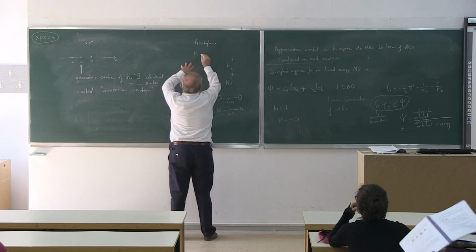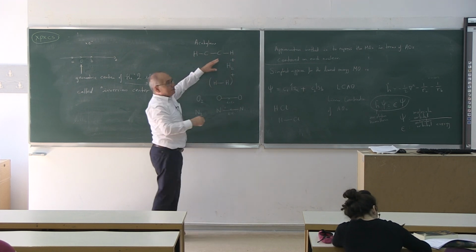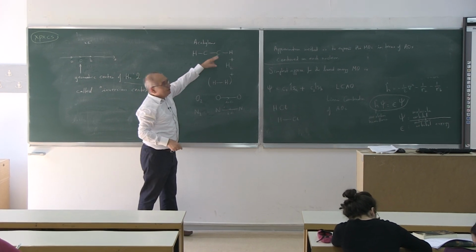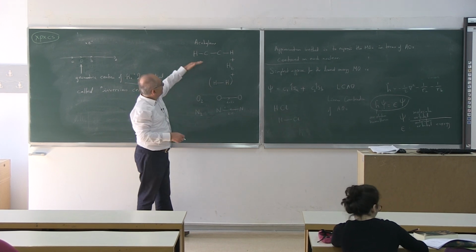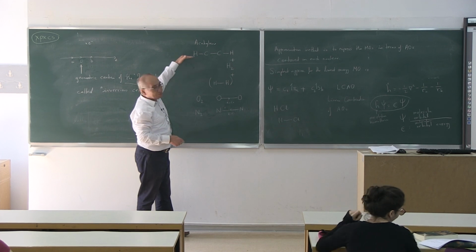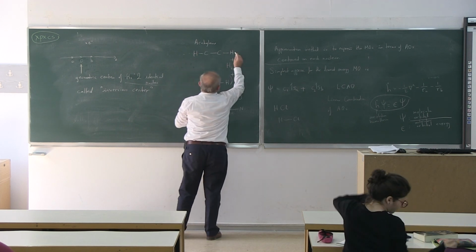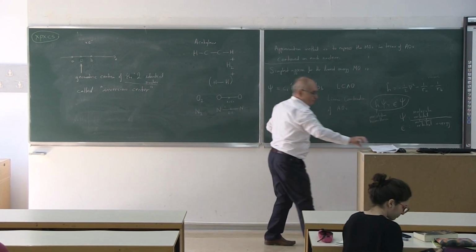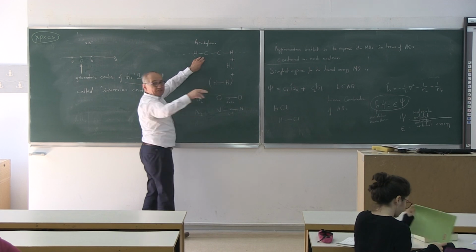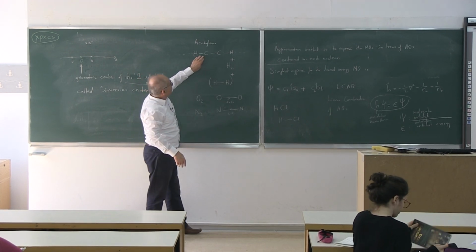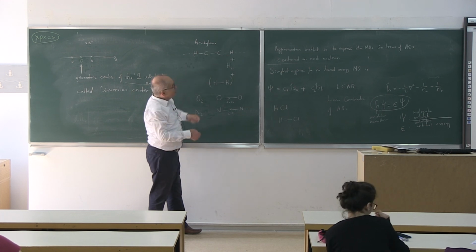The arrangement of the atoms is H, C, then C, then H. The lines here are not indicating relative distances, but what is important is that all these atoms lie on the same line. Now, is this CH bond length in acetylene the same or different from this CH bond length? Same.